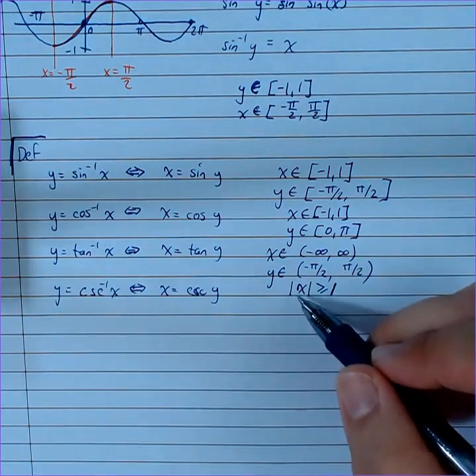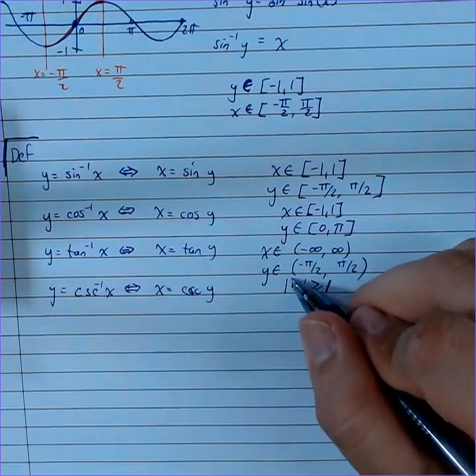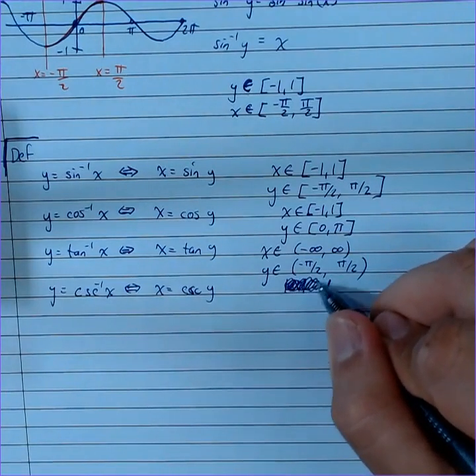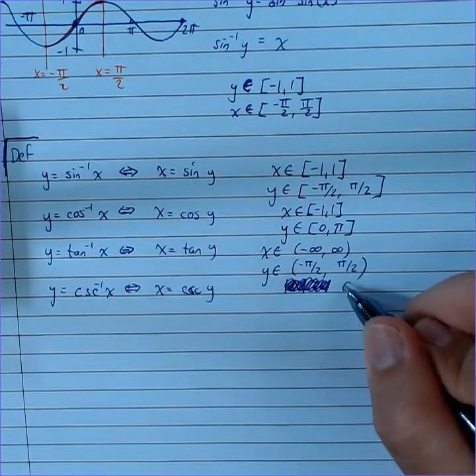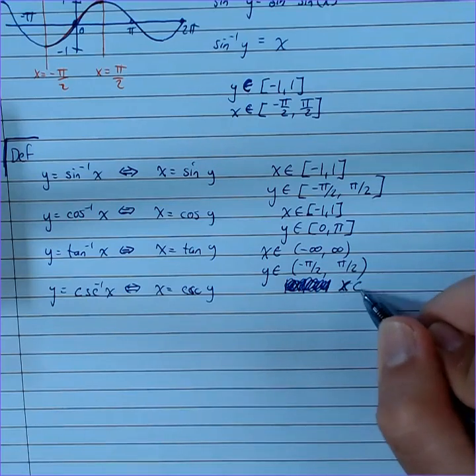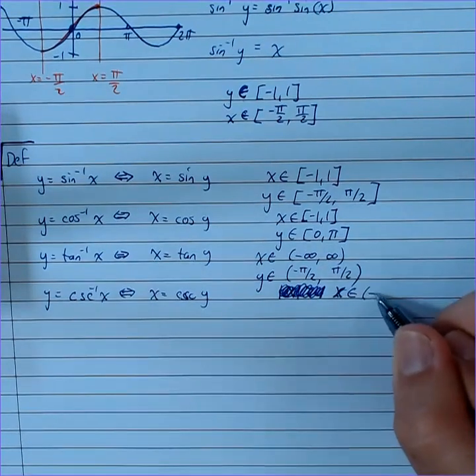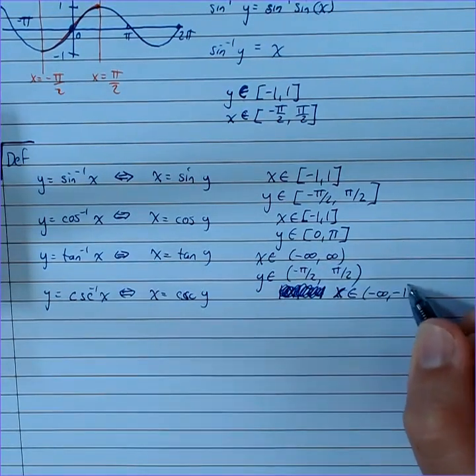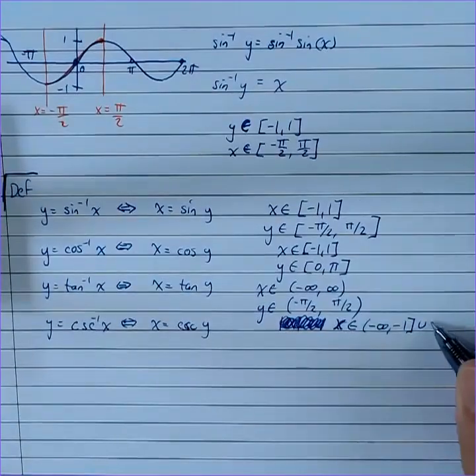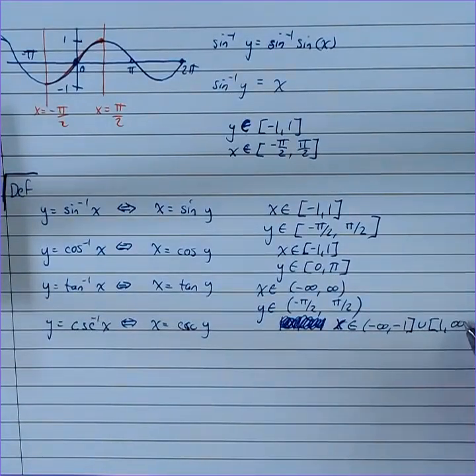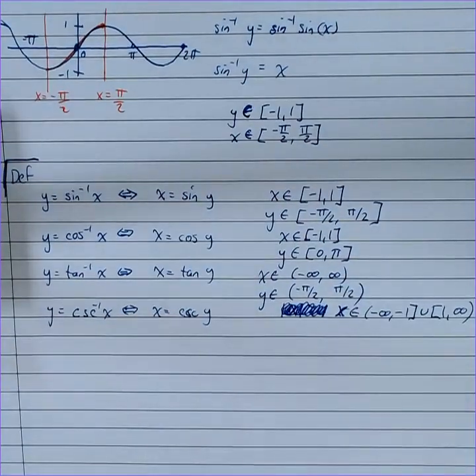And it's going to have us restrict, let me go ahead and write this the same way I've been writing the other ones. X is an element of the interval from -infinity to -1, union with the interval from 1 to infinity, anywhere in either of those intervals.